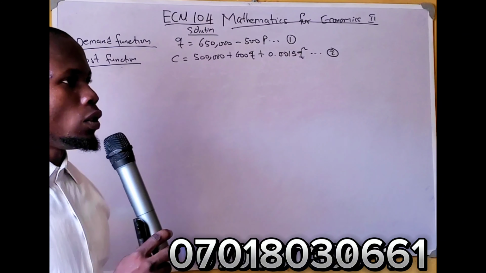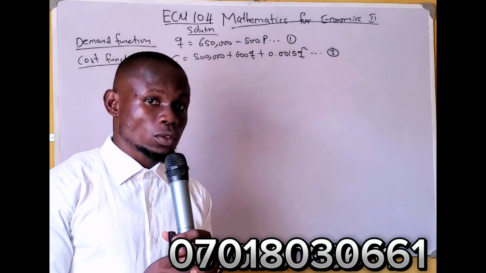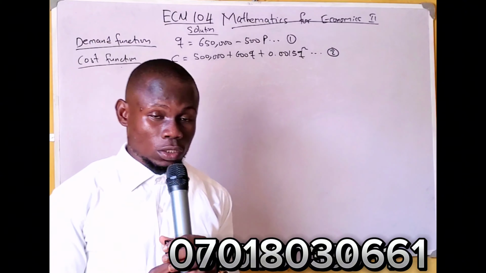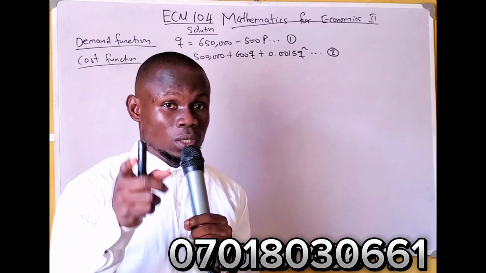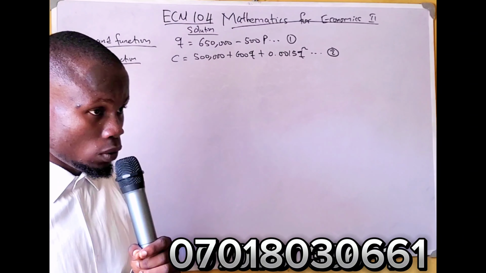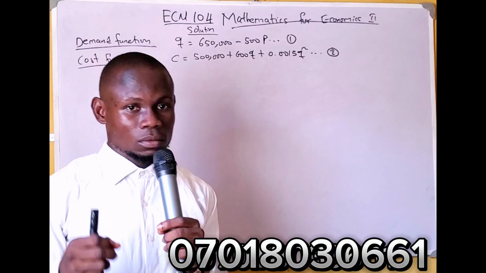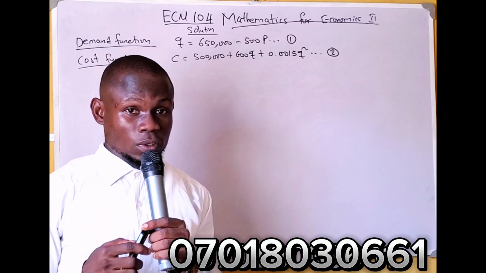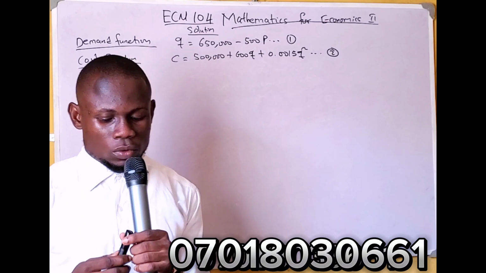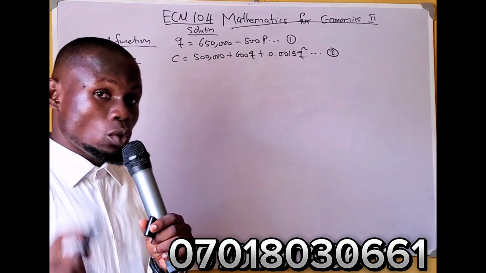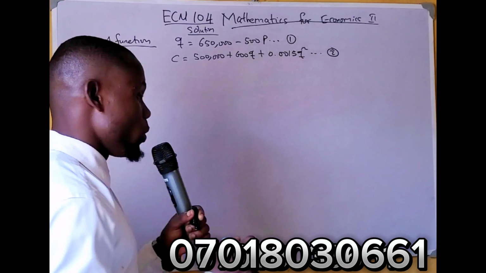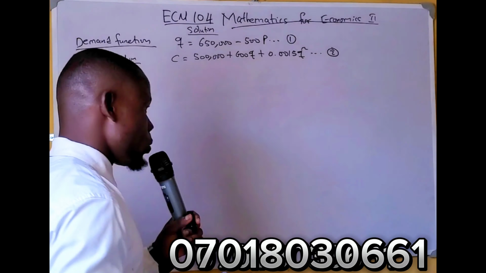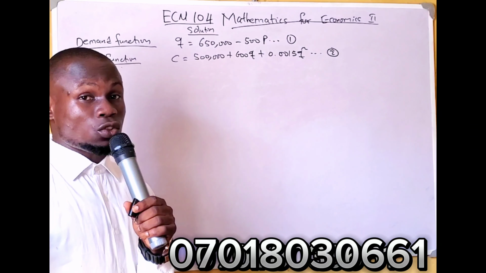Equation 2. Now, recall, what we are trying to do is find the profit maximization units of the firm. That's the first question. You have to find the profit maximization unit of the firm. That is the profit maximization output. Now, there are two conditions we are given for that. Profit maximization condition using the marginal approach. The first condition is the necessary condition.